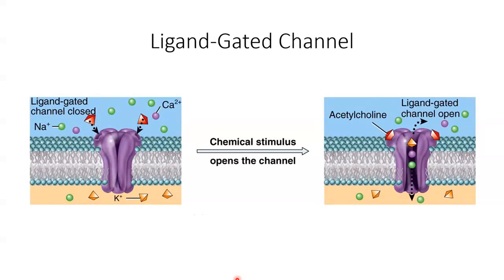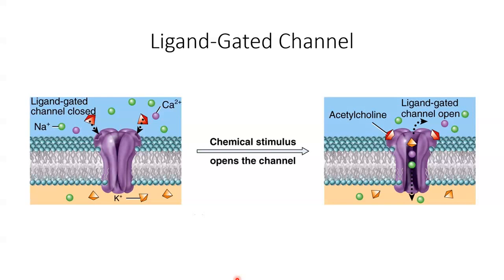Next, we have ligand-gated ion channels, which open and close in response to the binding of a ligand or a chemical. A wide variety of ligands, including neurotransmitters, hormones, and particular ions, can be the stimulus for the opening or closing of these ligand-gated channels.